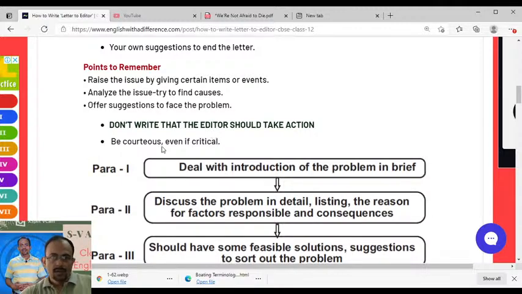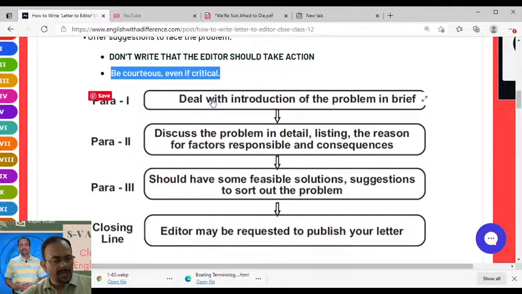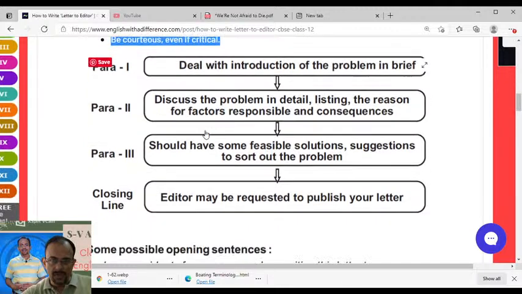So be courteous even if critical. Even if you are condemning or not agreeing with a write-up or some issue, be courteous and polite in your expression. That is very important, dear students.